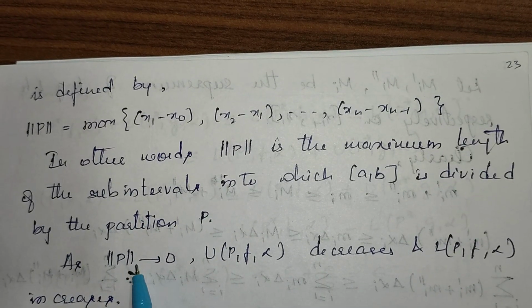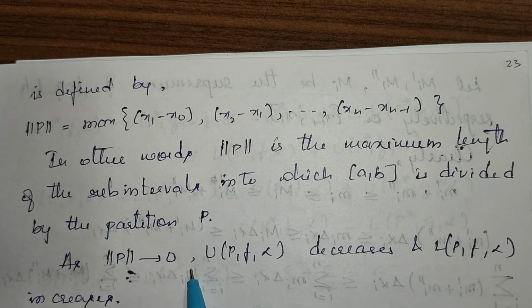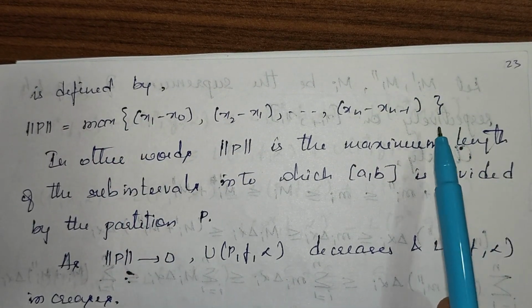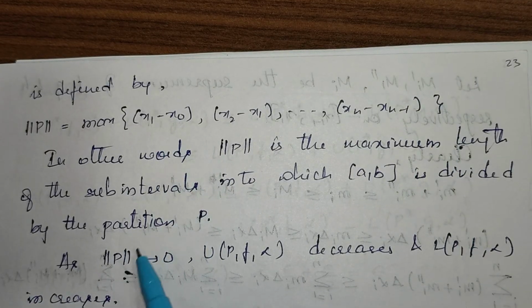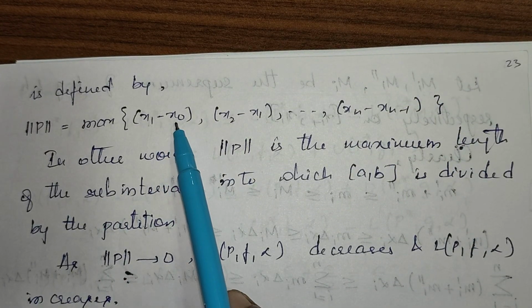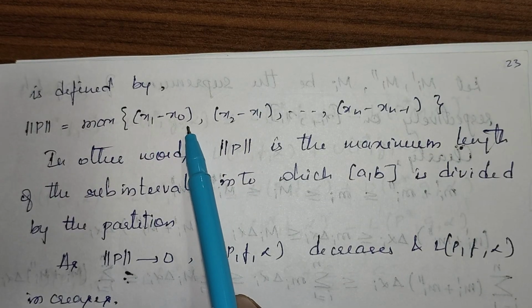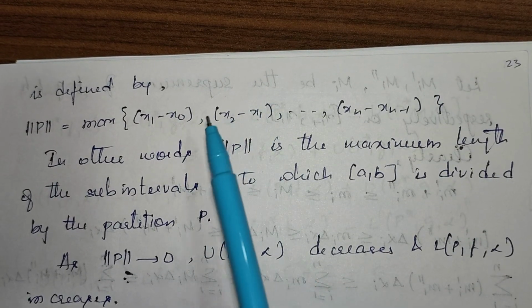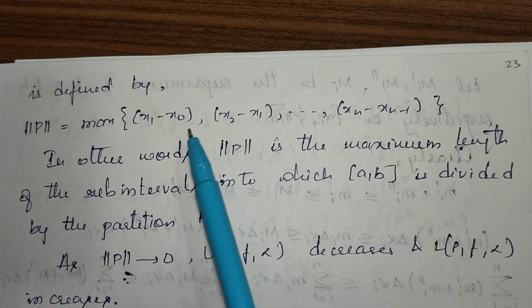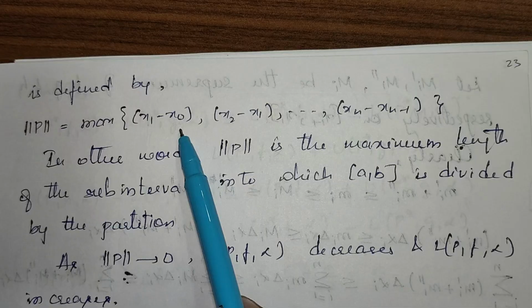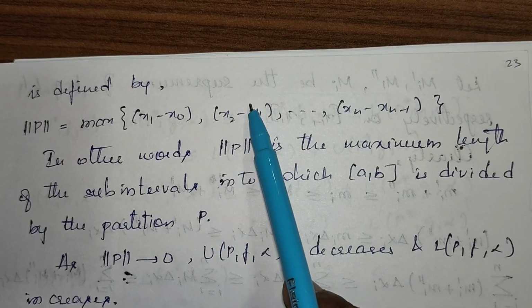As norm P tends to 0, it means the maximum length is tending to 0, which means you have more points. If you have more points, then there are chances of this maximum length tending to 0.